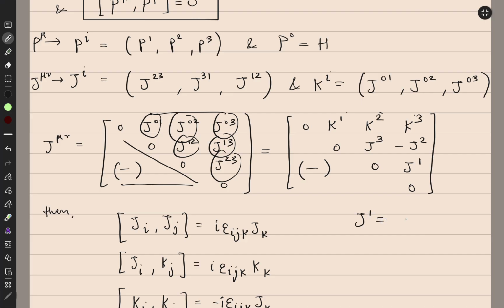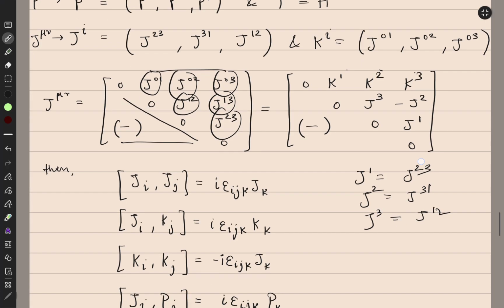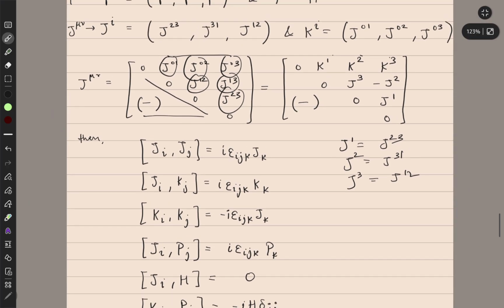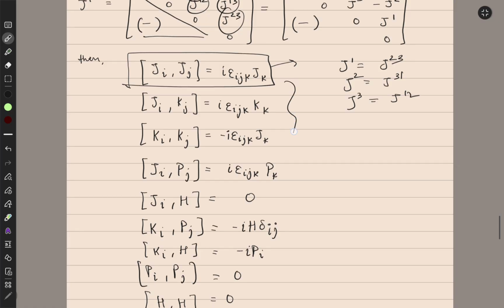J1 is J23, similarly J2 is J31, and similarly J3 is J12. With these definitions, we will be able to see that the commutator relation of the J's is just the angular momentum algebra, and all the other Poincare algebra commutators drop out.